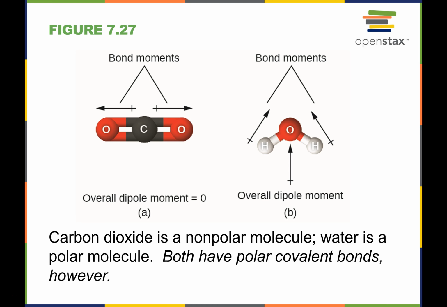So polarity has all sorts of physical ramifications. Whether they mix and how volatile they are, those are big ones. The boiling point temperature.